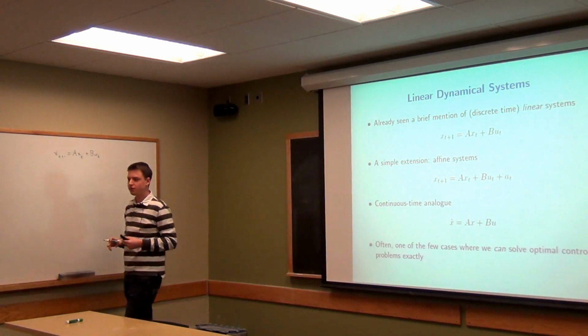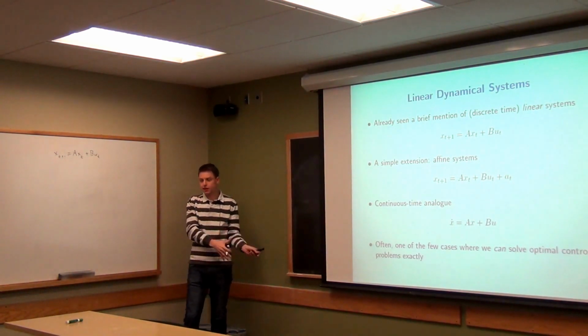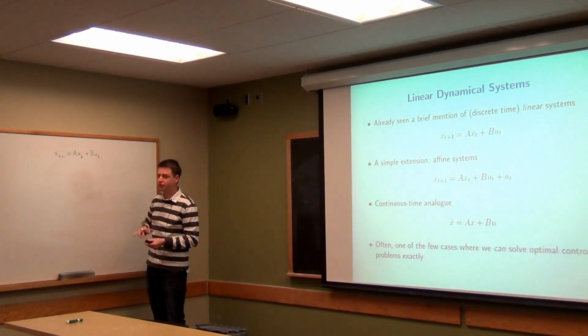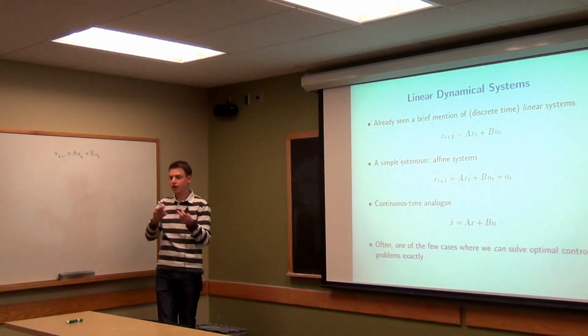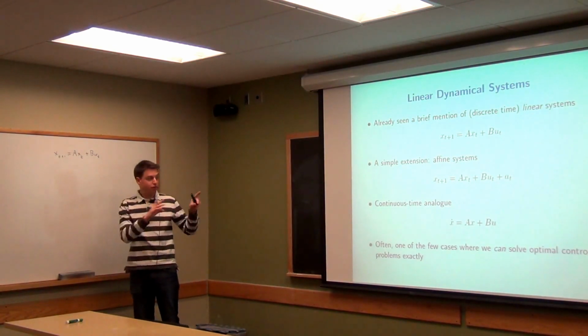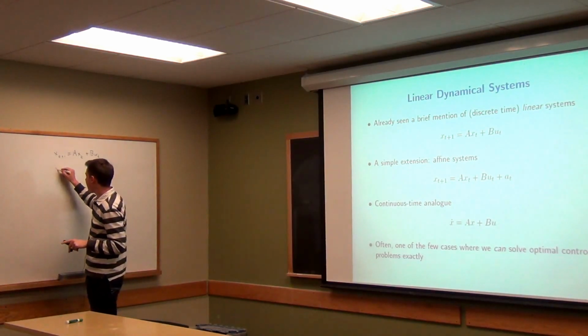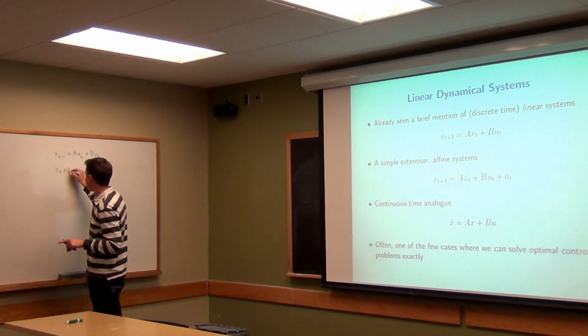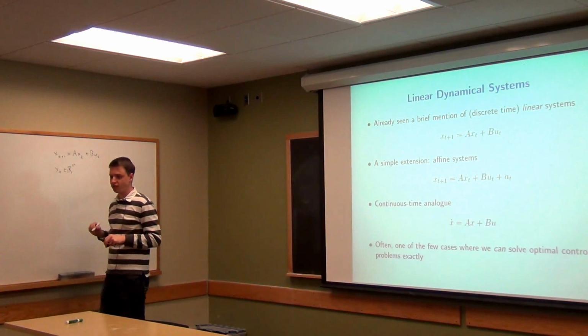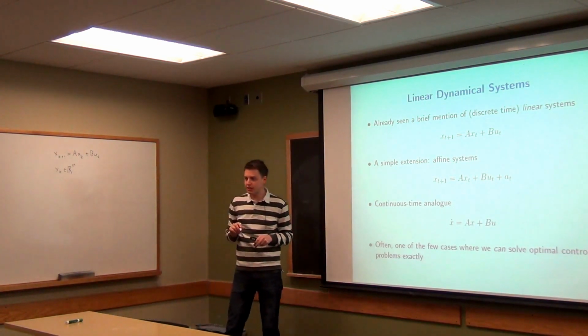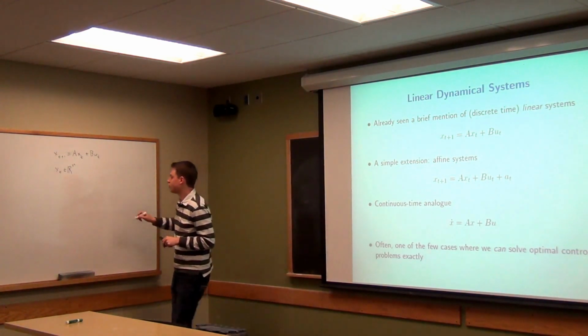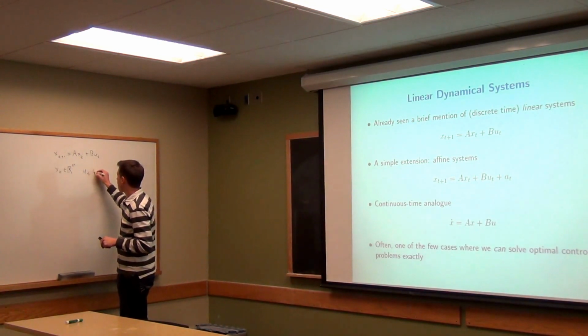So A determines how the past state affects the next state, and B determines how the past control affects the next state. The case we saw before, these were all single-dimensional quantities, but in general, x t is going to be a vector that we'll say is in R^n. So we have an n-dimensional state vector. And u t is going to be a vector in R^m.